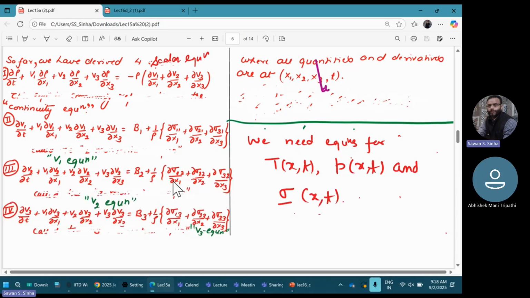Psi is any tensor. Basically the material derivative. When the material derivative comes on the left hand side, we call it a transport equation. Now on the right hand side, you will have very different things. Look at the transport equation of density, what is there on the right hand side. Very different from what you have on the right hand side of transport equation of V1. So the right hand side could be many things. And then we also refer to these terms as processes. First process in the transport equation.